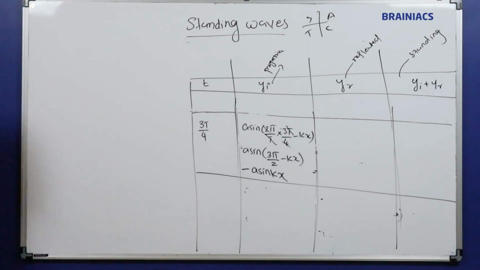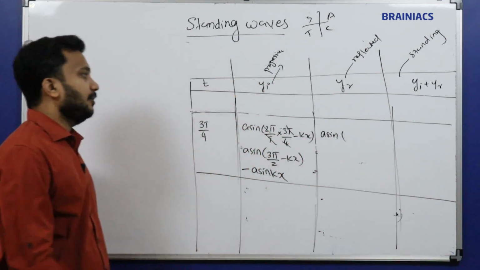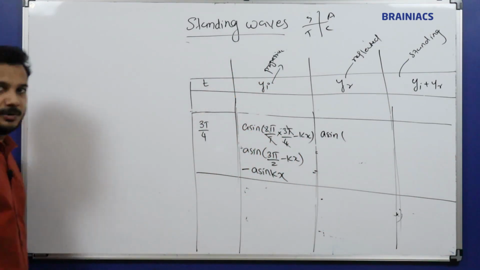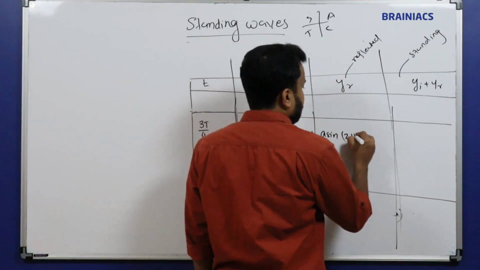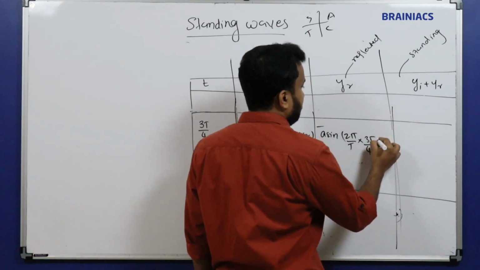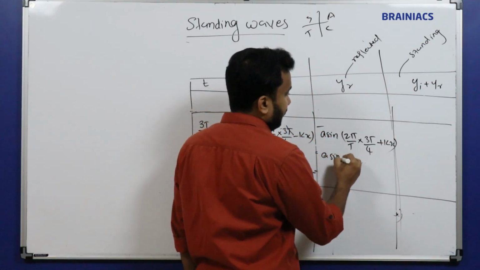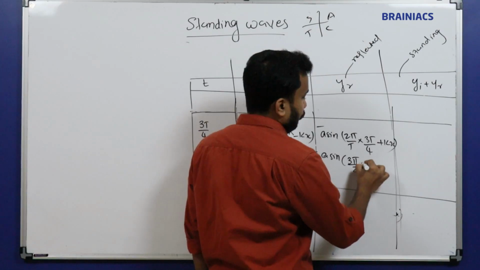We'll go to the reflected wave, and the reflected wave is again substituting a sine of omega t. Omega is 2 pi by T, so 2 pi by T into 3T by 4 plus kx. So a sine of 3 pi by 2 plus kx.